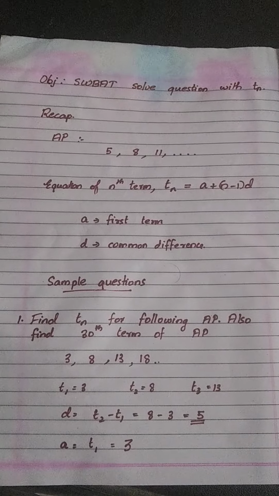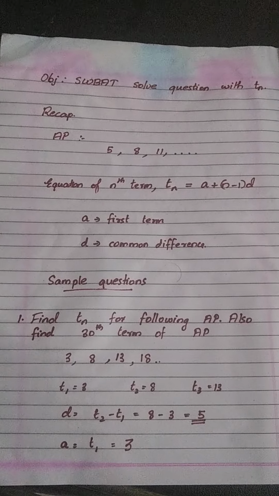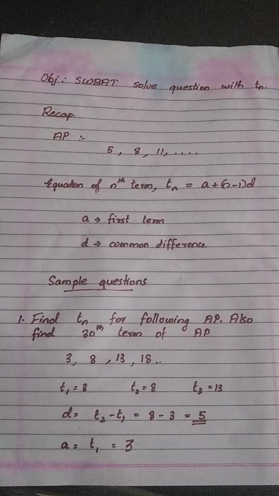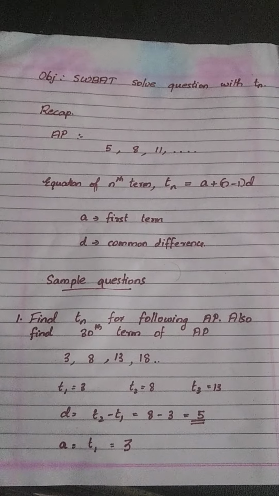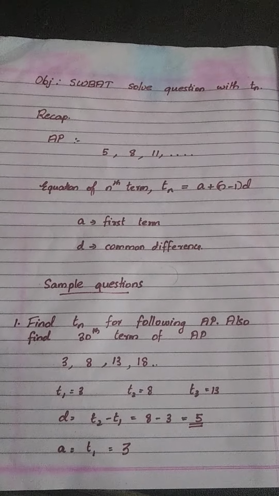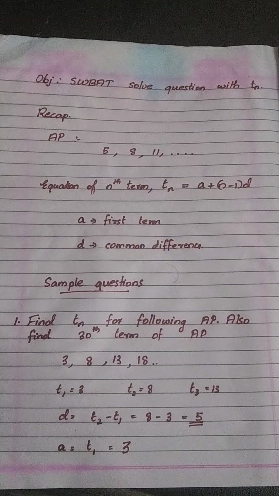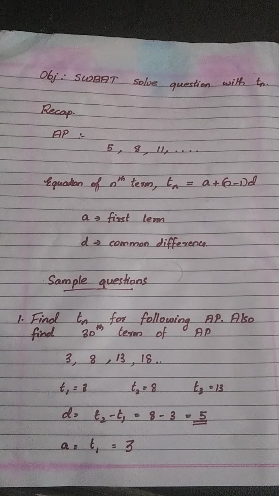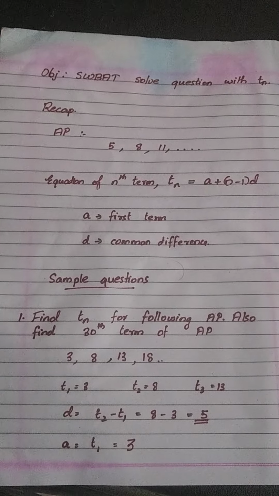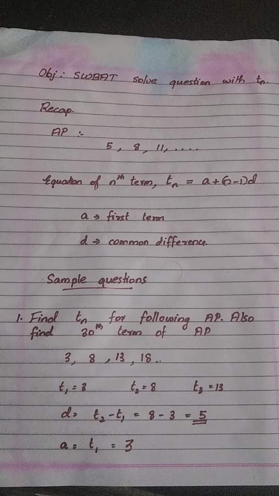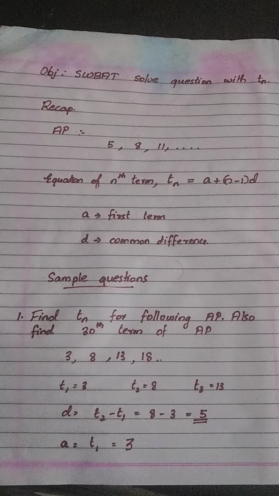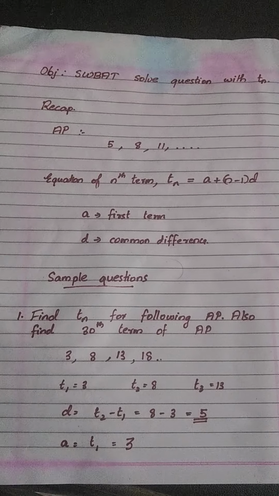Okay, I'm just going to call everyone back. An AP is given and they have asked you to find the Tn for the following AP. First, the equation for Tn is Tn is equal to a plus n minus 1 into d.